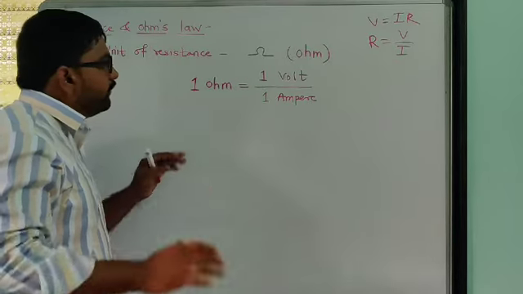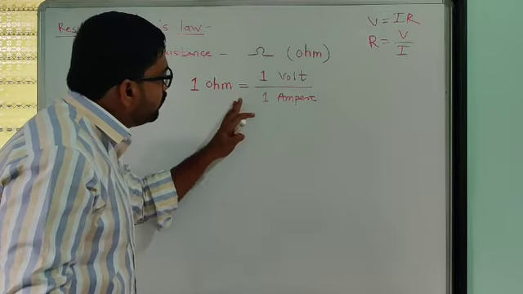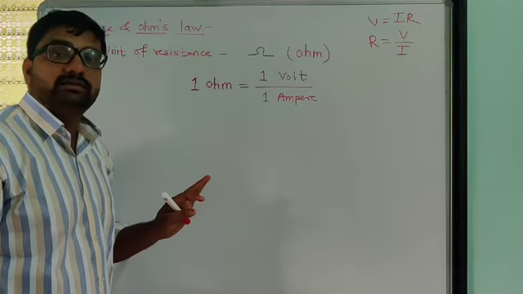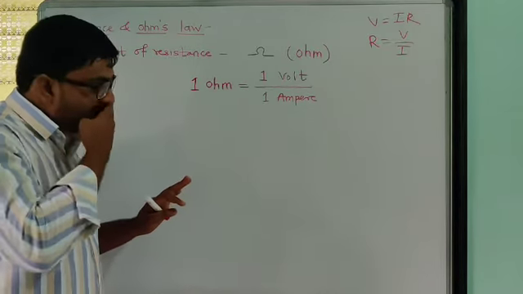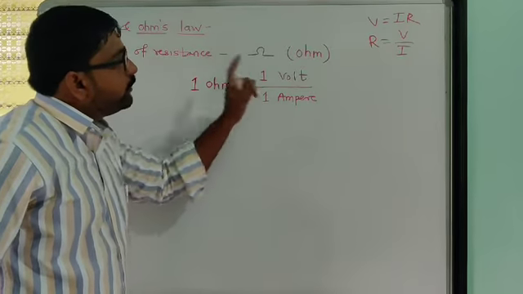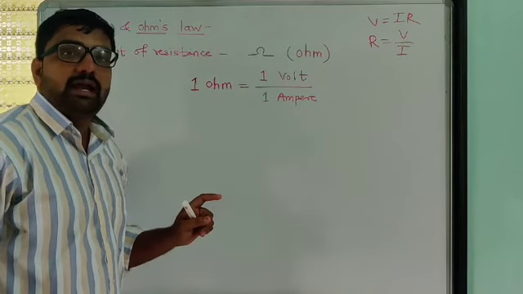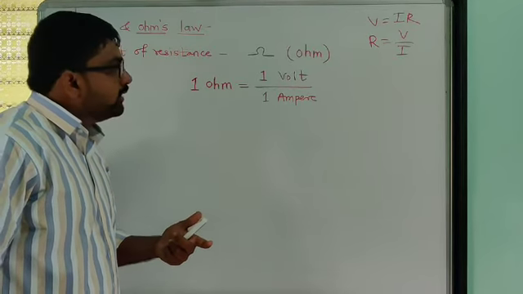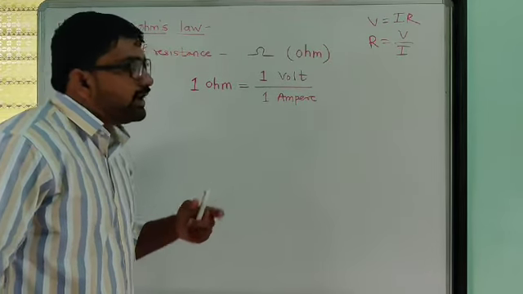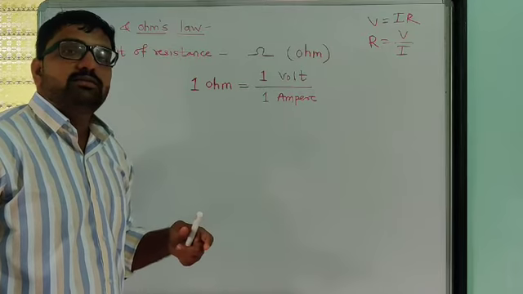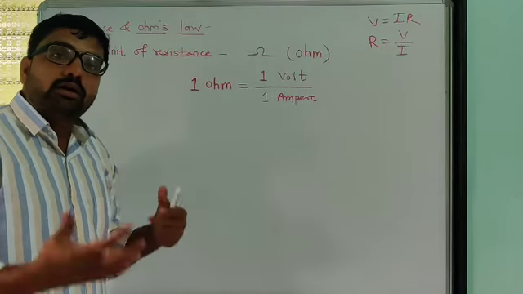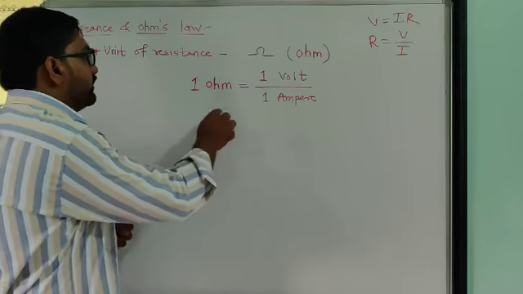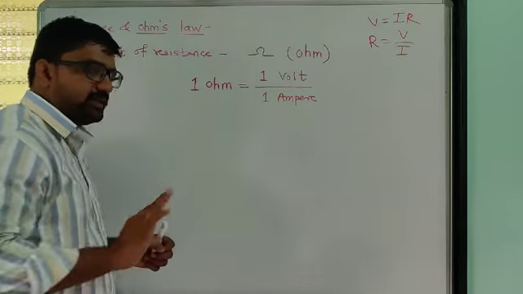That is the formula of 1 ohm resistance. If 1 volt potential difference is applied across an electric conductor, and 1 ampere of electric current passes through that circuit, then whatever resistance that current feels is the 1 ohm resistance.